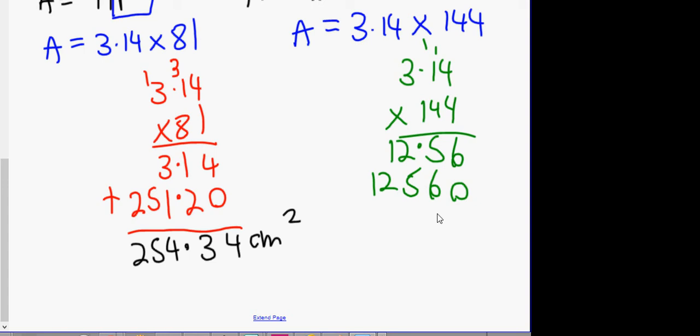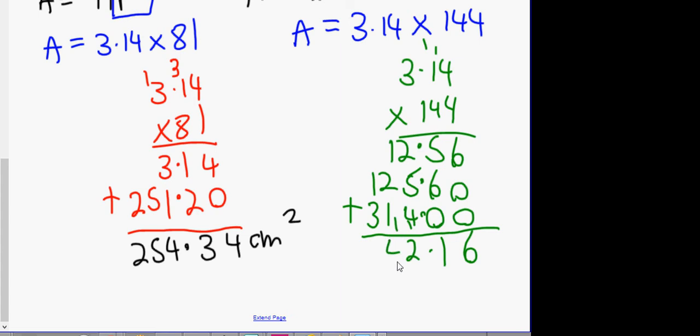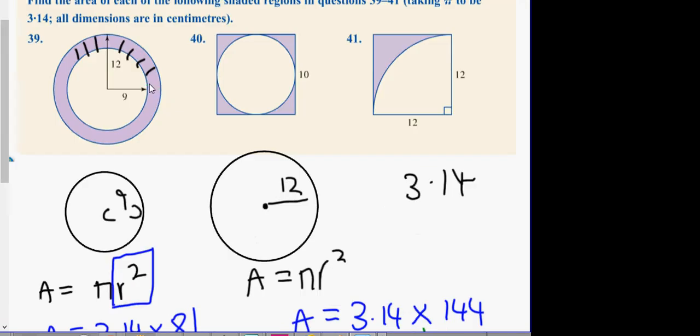No bar there. 2 zeros this time. 4, 1, 3. Good man. Add them together. What do you get? 6, 11, 12 carry the 1, 4, and 4. So 452.16 centimeters squared. Okay, finally, we need to find out what this area in here is.